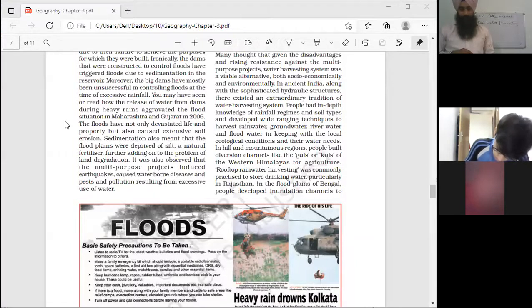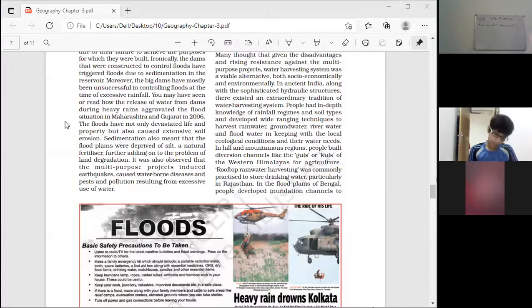Clear? For domestic and agricultural purposes, we use rainwater which collects on open surfaces on the ground.